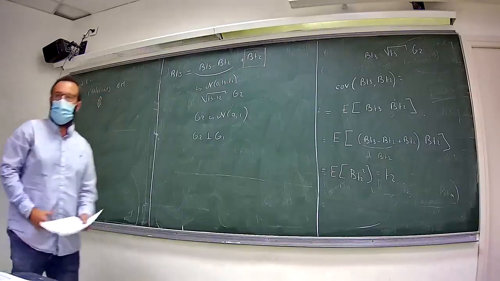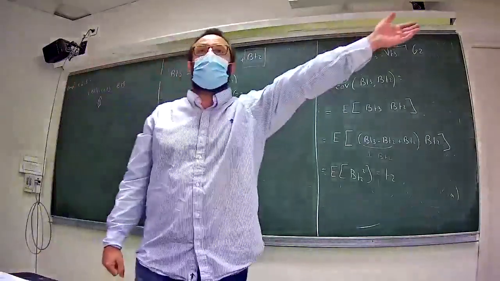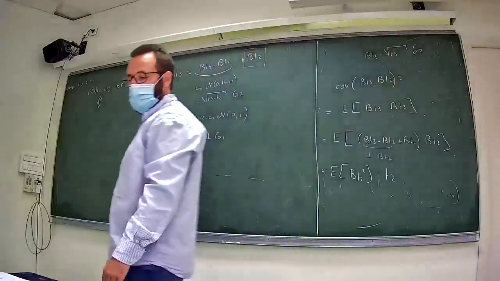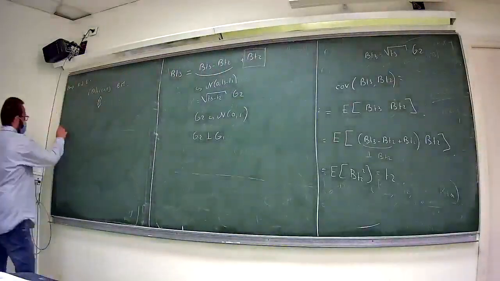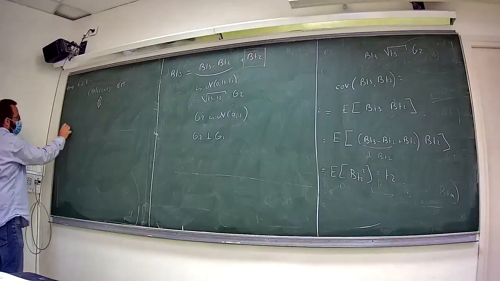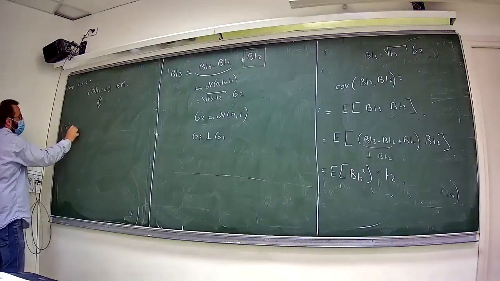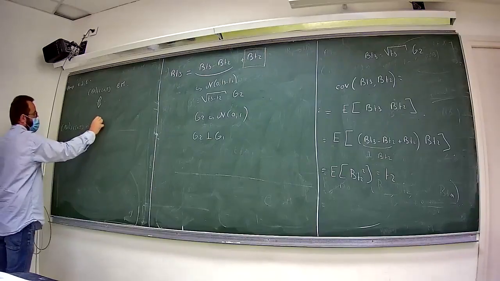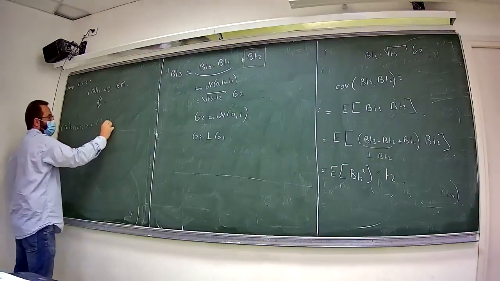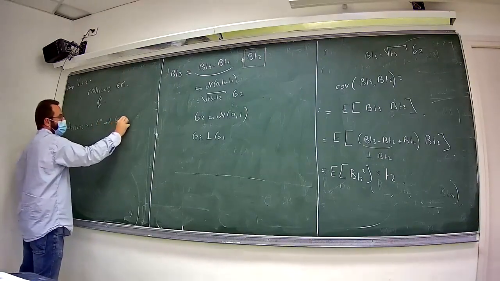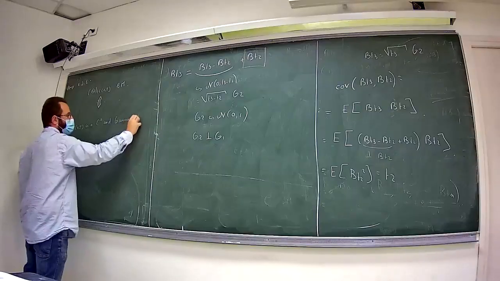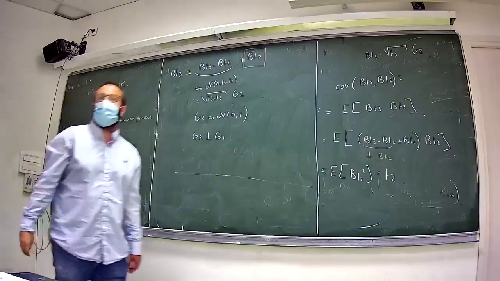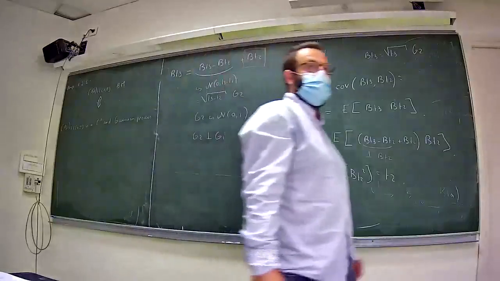B_t is a Brownian motion in the sense of definition 1.2.1 if and only if B_t is a continuous and Gaussian process, and we have seen together how to characterize a Gaussian process.